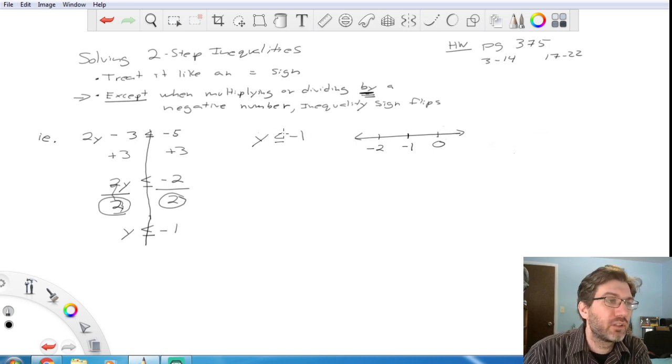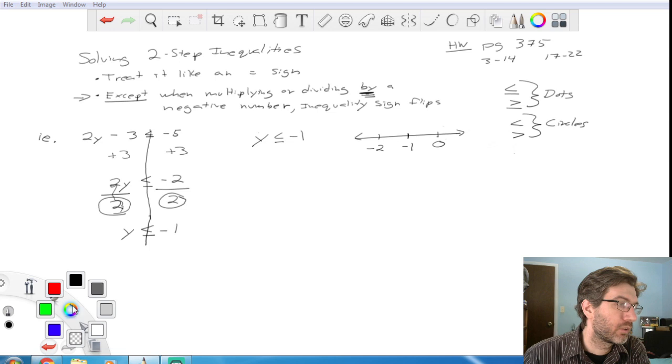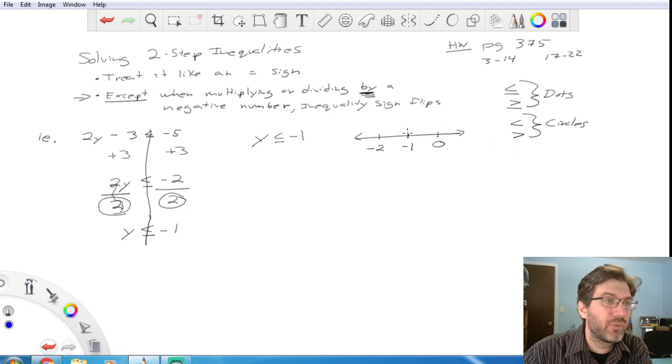Because this is equal to, remember, greater than or equal to or less than or equal to give you dots, while less than or greater than give you circles. So I'm going to put a dot, because it's one of these two signs, on negative 1. I'll do that in a different color. So my dot goes on negative 1.